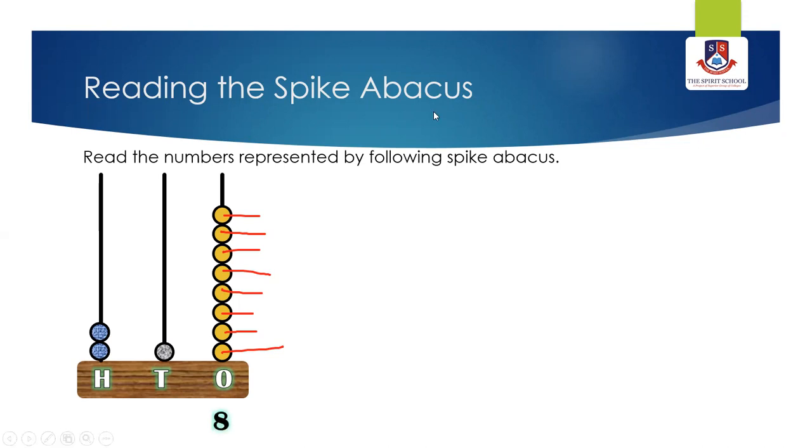Now move on to the next place value. Here at the tens place spike, we are having only one bead. So the number represented by the spike at tens place is representing the digit 1. Or we can say the number represented by the spike at tens place is 1 ten.